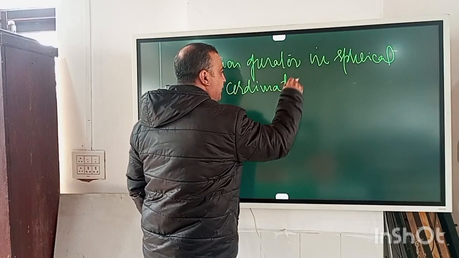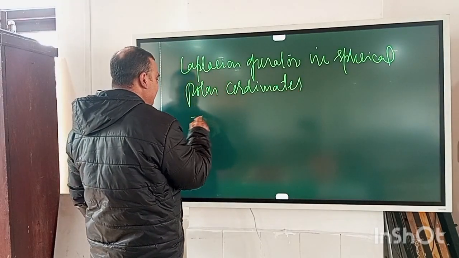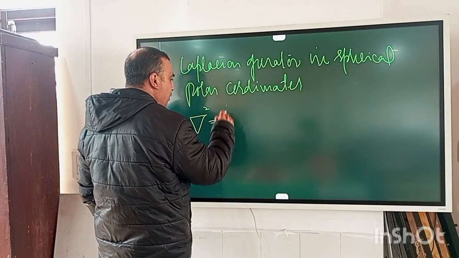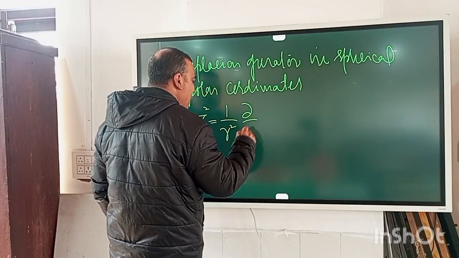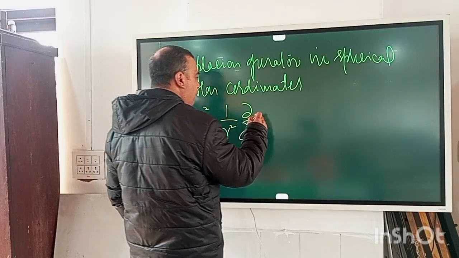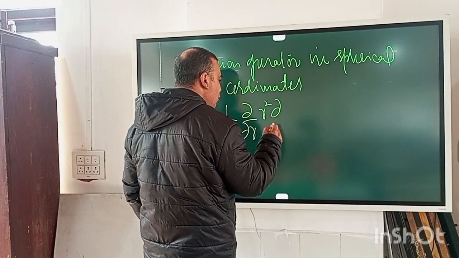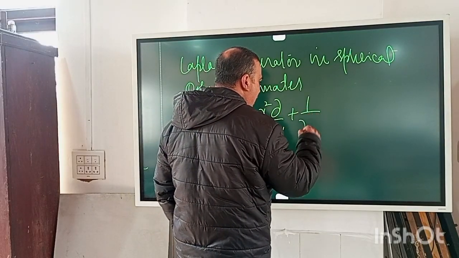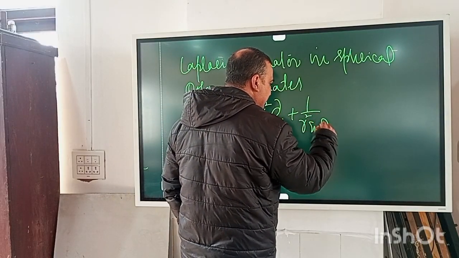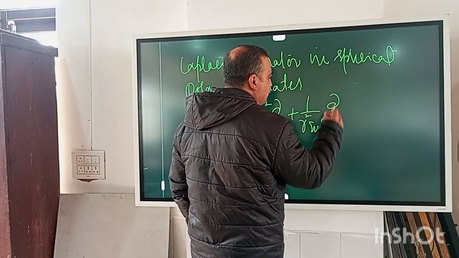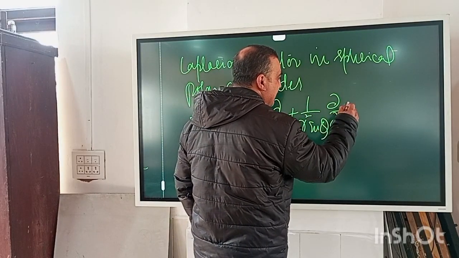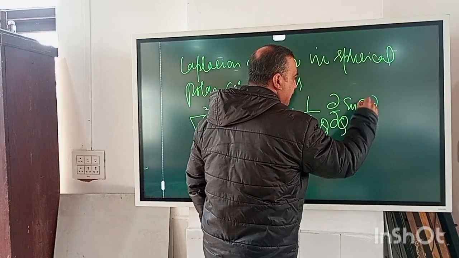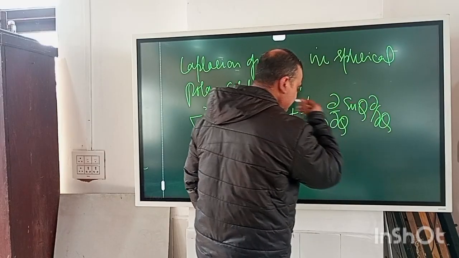And what we have for that, this del square is 1 by r square dou by dou r of r square dou by dou r, and then plus 1 by r square sine theta, and then dou by dou theta of sine theta dou by dou theta.